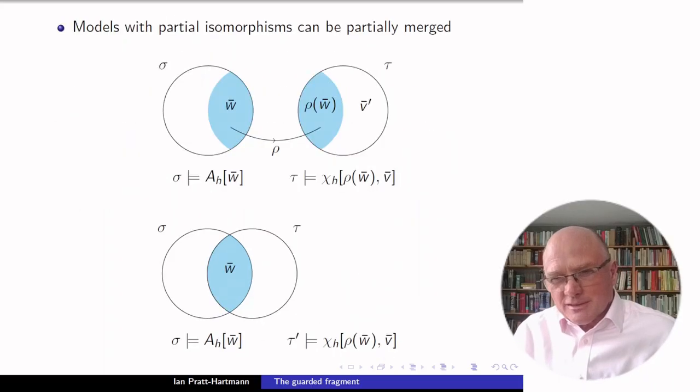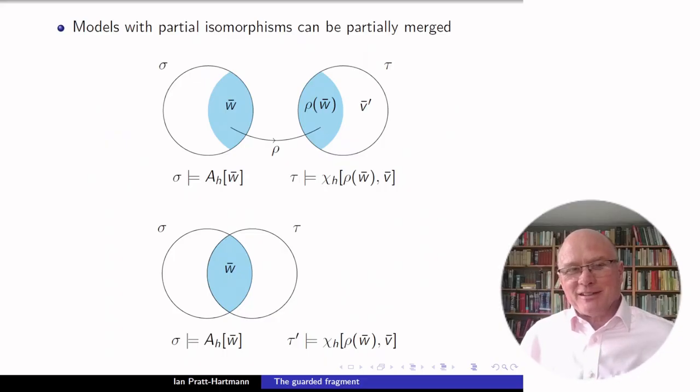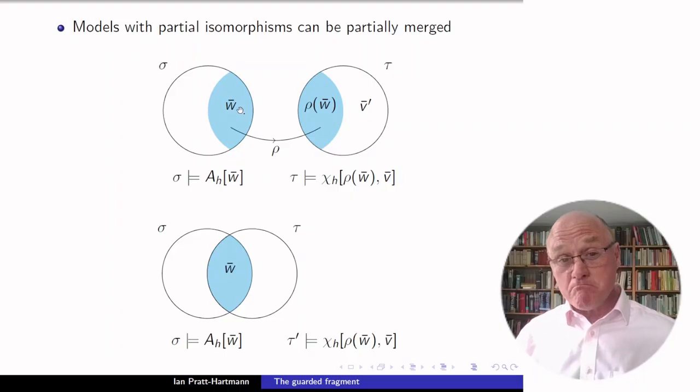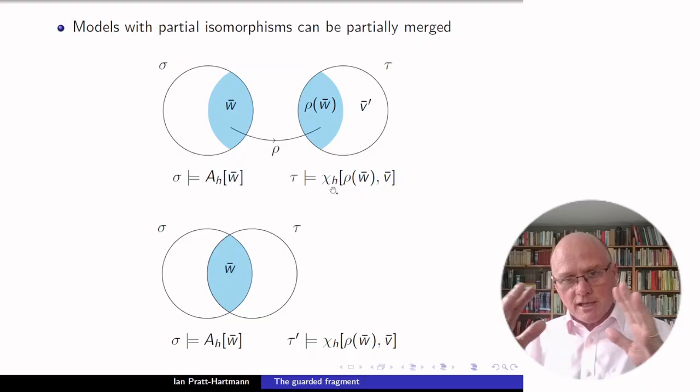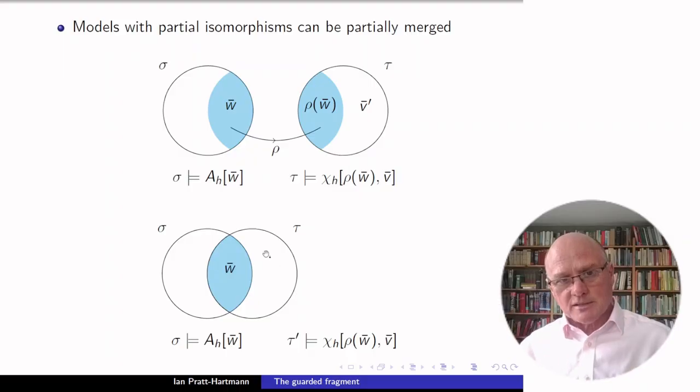Why do we want to do this? What's going on here? The idea is that models related by partial isomorphisms can be merged. So if we've got a type sigma, which again we think of as a small model, a type tau, which we think of as a small model, and a partial isomorphism between them, we're going to merge the two together so that they become a single model.